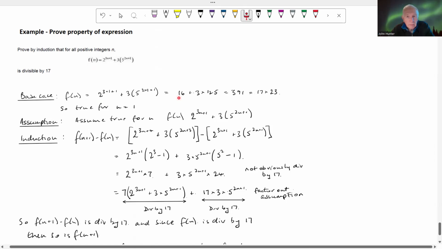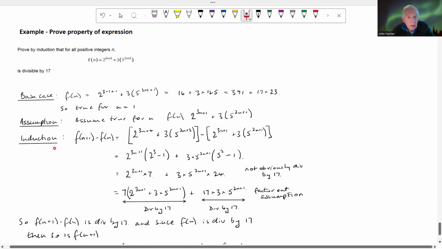And that is equal to 391, which is equal to 17 times 23. So therefore it is true for n equals 1. Now we're going to assume that it's true for n, in other words, this.